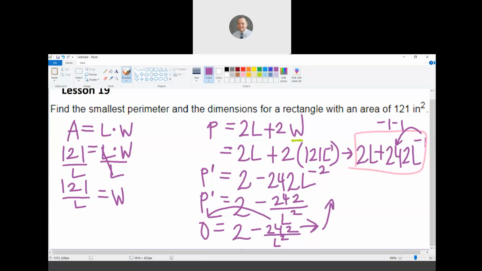So that gives us 242 over L squared equal to 2. Now that 2 is understood to be over 1, so we can cross multiply. We got 2L squared equal to 242.